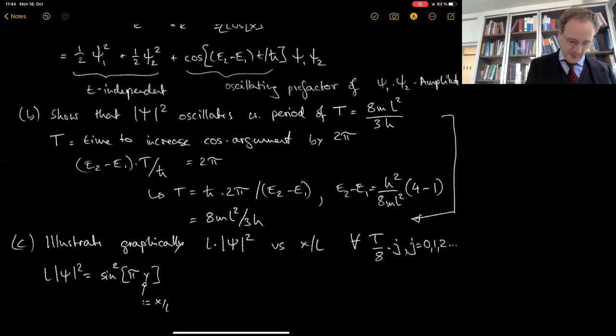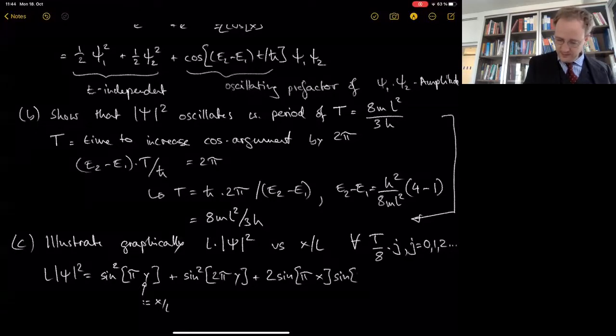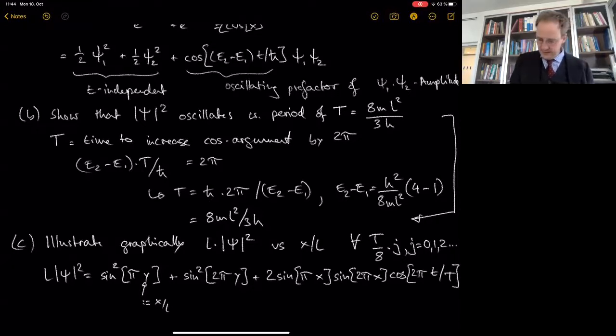Let's call it y. Plus sine squared of 2 pi y, plus 2 times sine pi y times sine 2 pi y times our time dependent term cosine of 2 pi t, and this t is nothing else than j times T over 8.